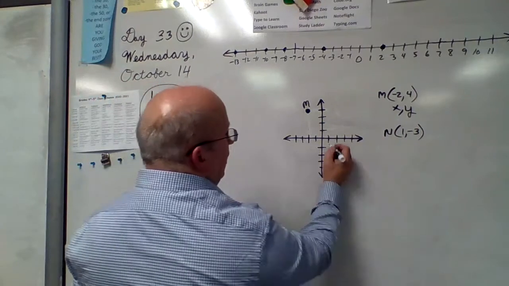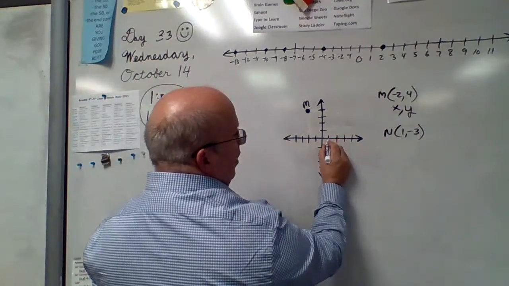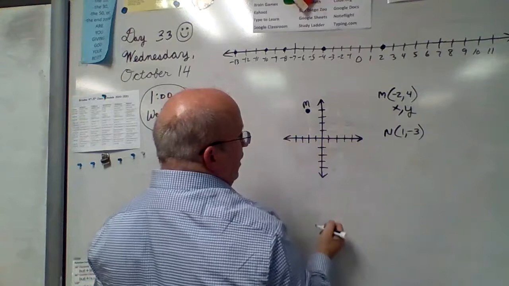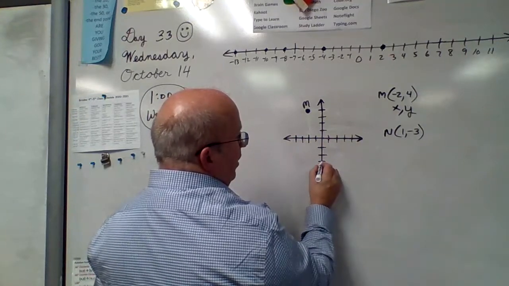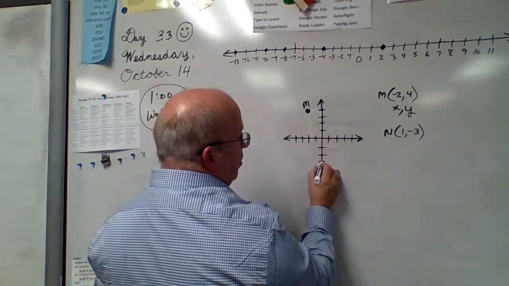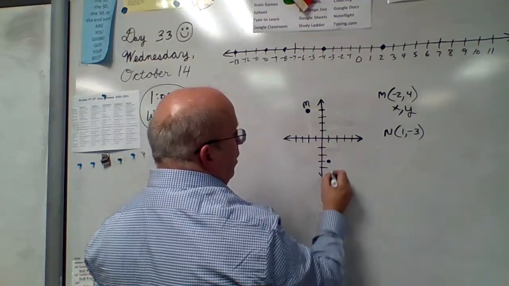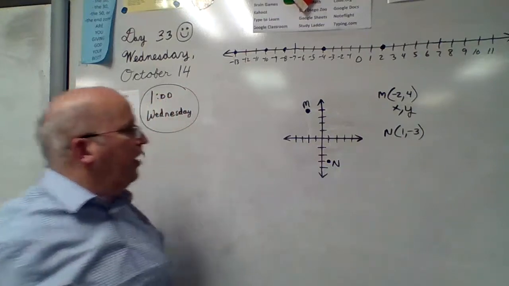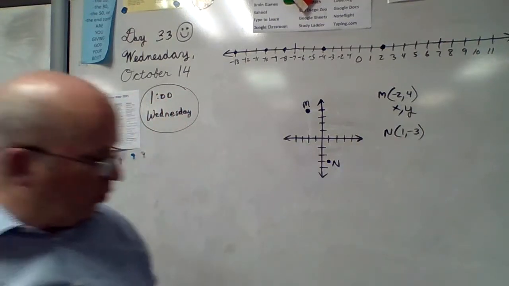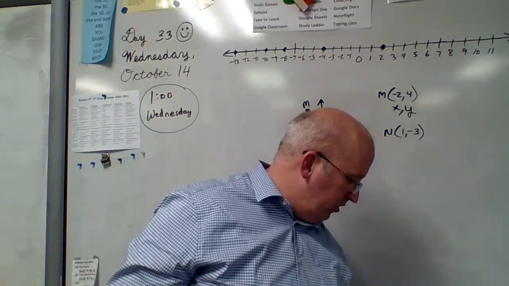Again, I find positive 1 on the x-axis. That's right here. I find negative 3 on the y-axis. That's right here. Where do those two meet? They meet right about here, and I'm going to call that letter N. That's what they're asking for in 12, 13, and 14.